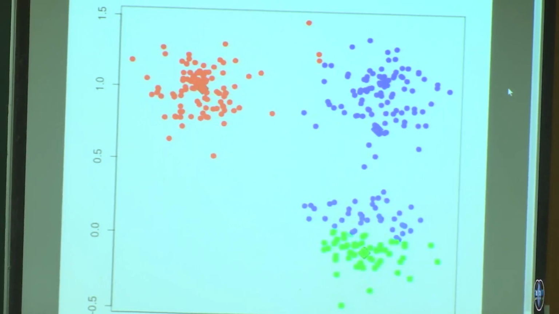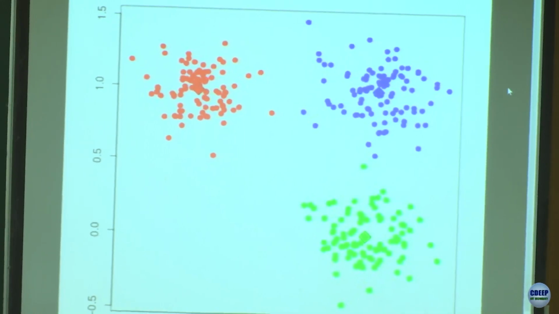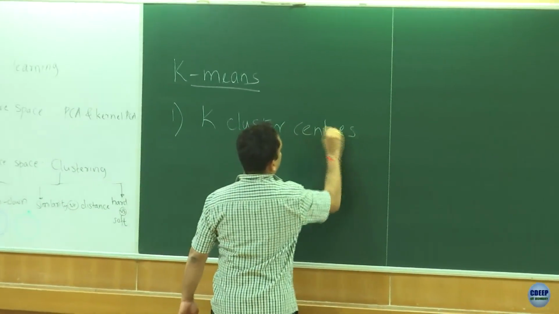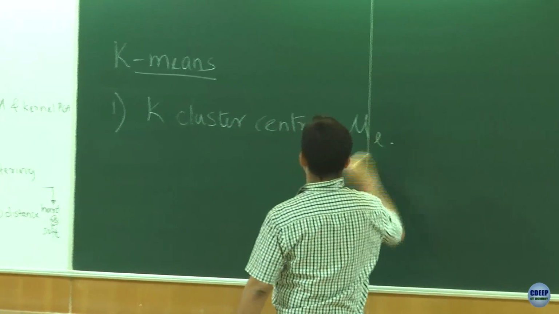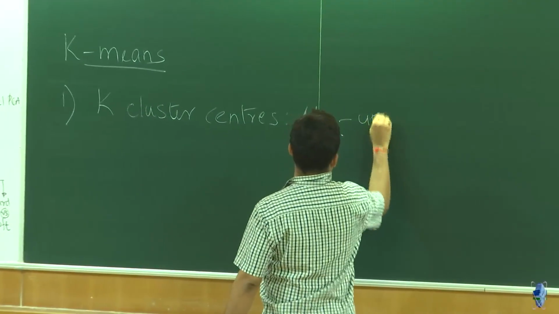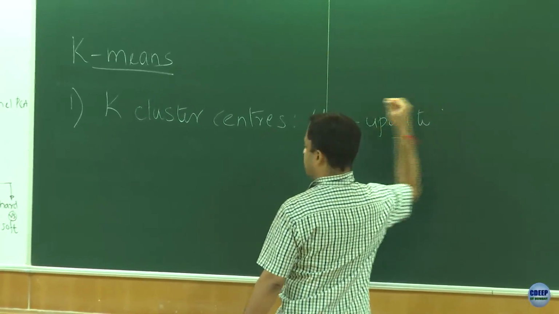Okay, so the broad idea behind K means is as follows: K cluster centers mu_l.